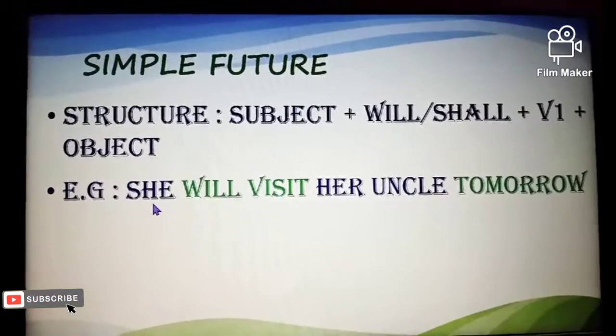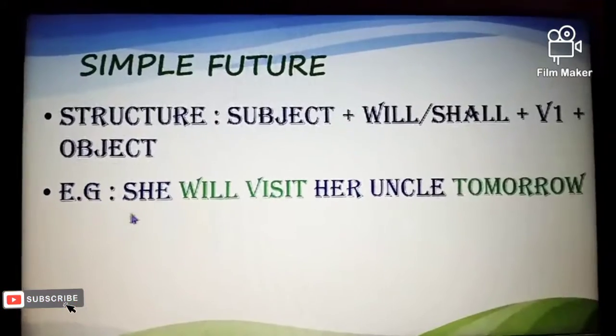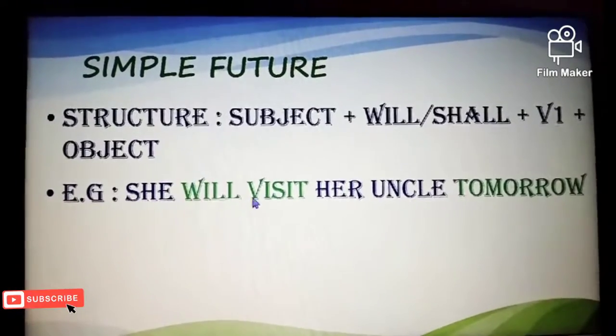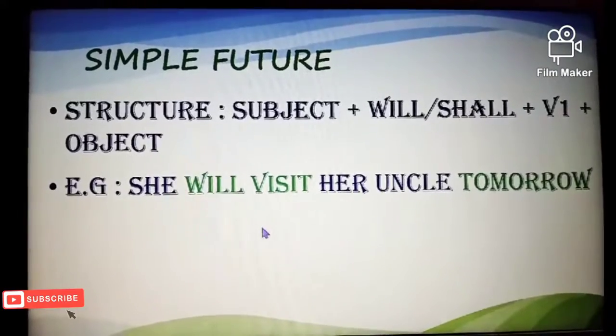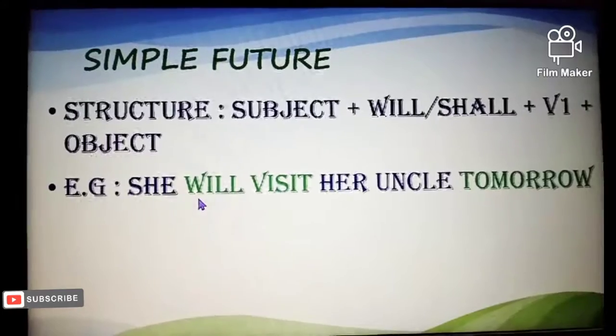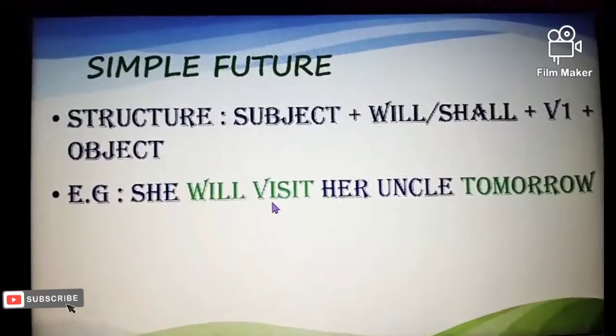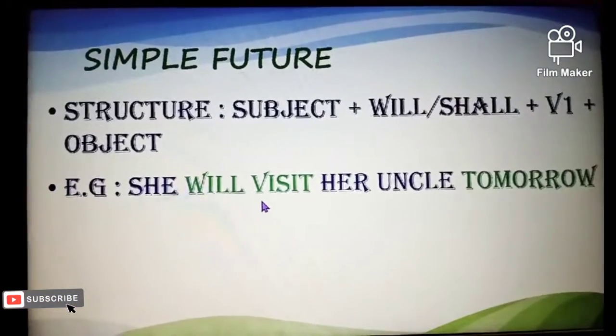Let's look at an example of simple future tense with the use of the structure. The example is: she will visit her uncle tomorrow. In this sentence, the structure "will visit" tells you that it is simple future tense.